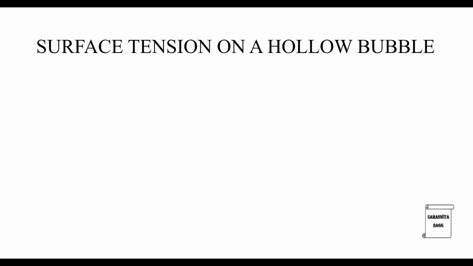Now let's talk about the surface tension on a hollow bubble. Now when I talk about a bubble, it is exerted with pressure on the outside and also on the inside because there will be air on both the sides. So for this type of condition, you can say that the equilibrium condition will be P into pi by 4 d square because that is the pressure exerted inside the bubble.